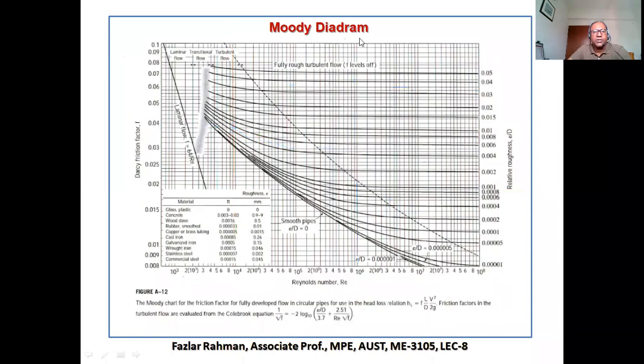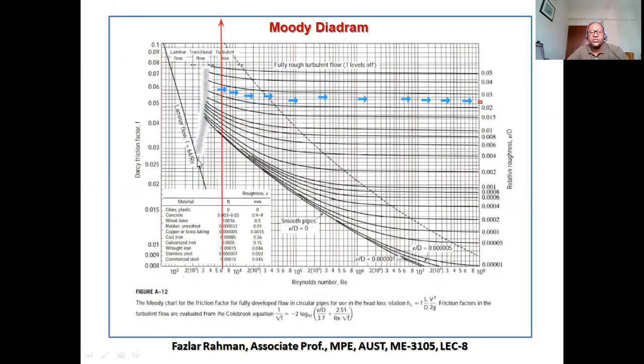For example, in a particular situation, your Reynolds number is right over here. Now your surface roughness is right over here. Then you need to go along the direction between this line and this line, then make a little turn, then right over here. Then you go straight to the left side.